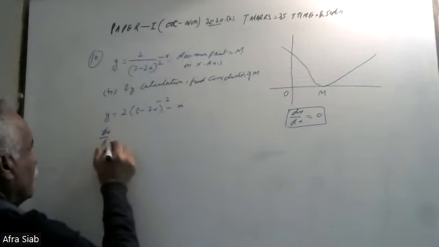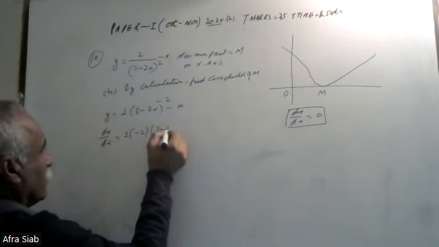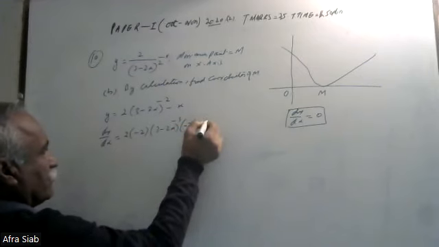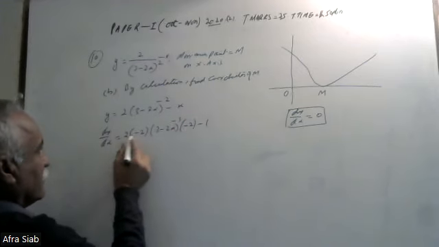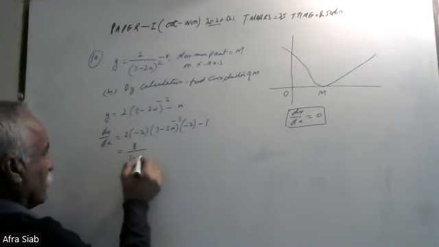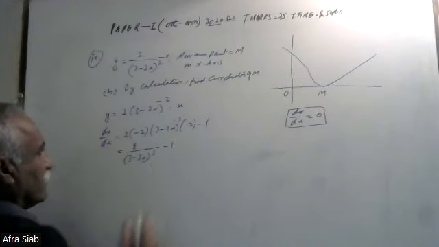So dy/dx is equal to 2 into −2 into (3 − 2x) to the power −3 into −2, minus 1. That is equal to 8 over (3 − 2x) cubed, minus 1.